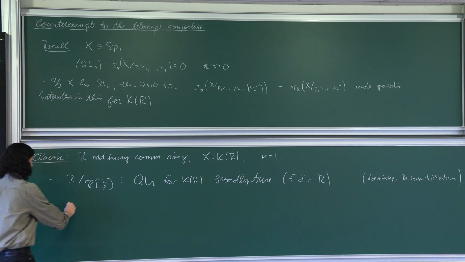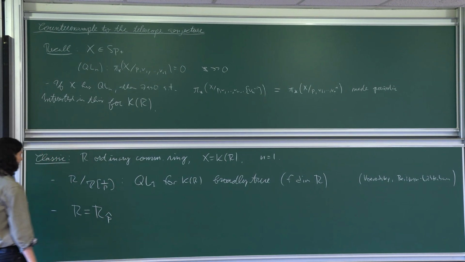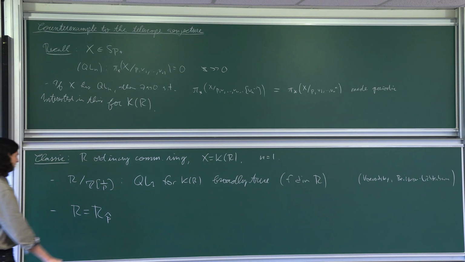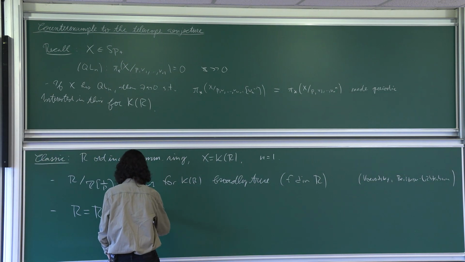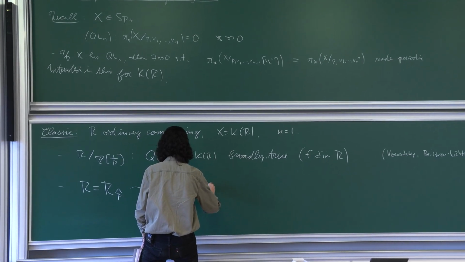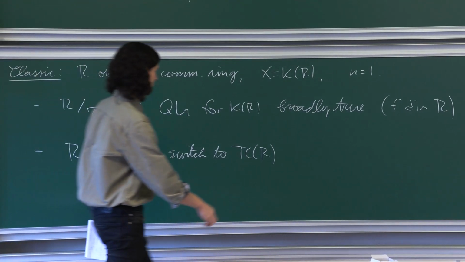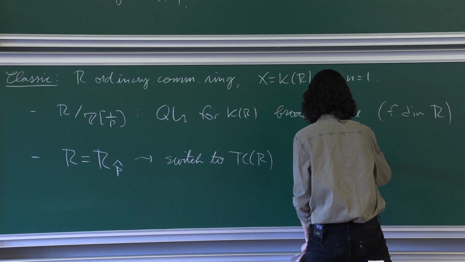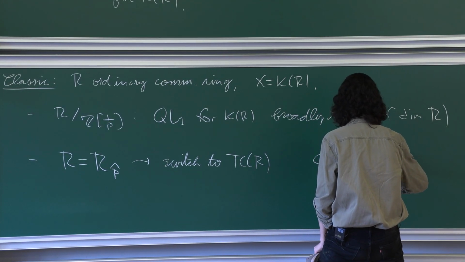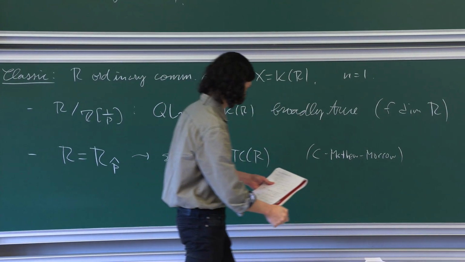The complementary regime is when R is p-adically complete. And in this case, it's convenient to switch to TC. So there's a paper with myself and Keel Matthew and Matthew Morrow.